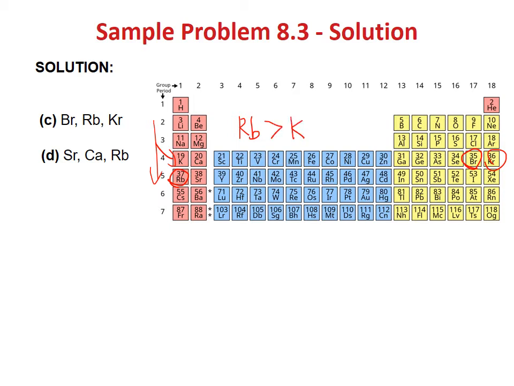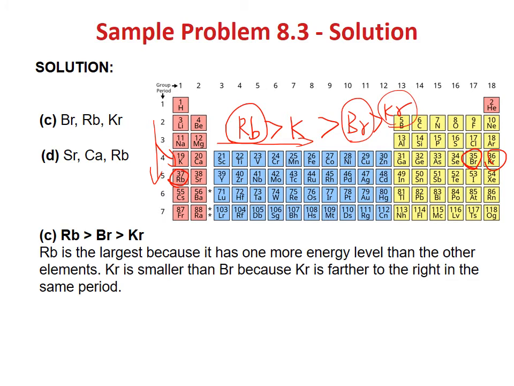Down a group, size increases. Across a period, the size decreases. So from left to right, potassium is the largest, then bromine, then krypton. From this we can see rubidium is the largest, the second is bromine, and the third is krypton.